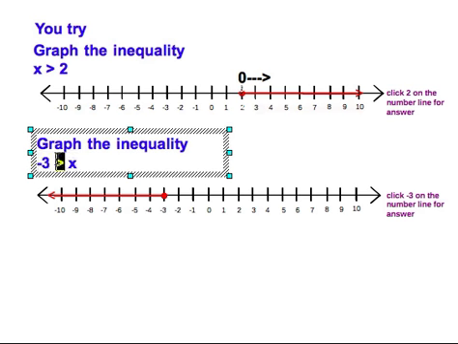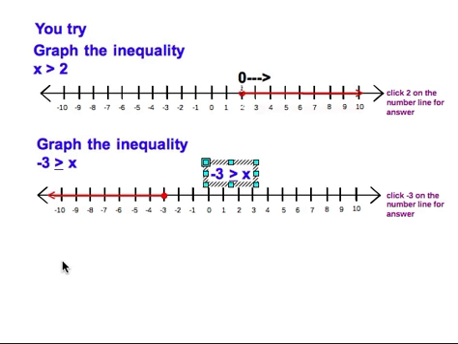I can either look which way the arrow is pointing now and flip it, or I can just rewrite the inequality as x on the left, and then I have to flip the sign and -3 on the right, and so now this shows my arrow is pointing to the left. So my closed circle above the -3 with an arrow pointing to the left is the proper graph.